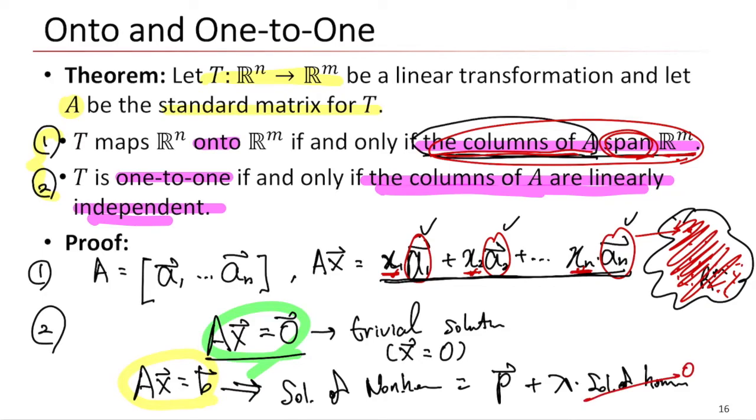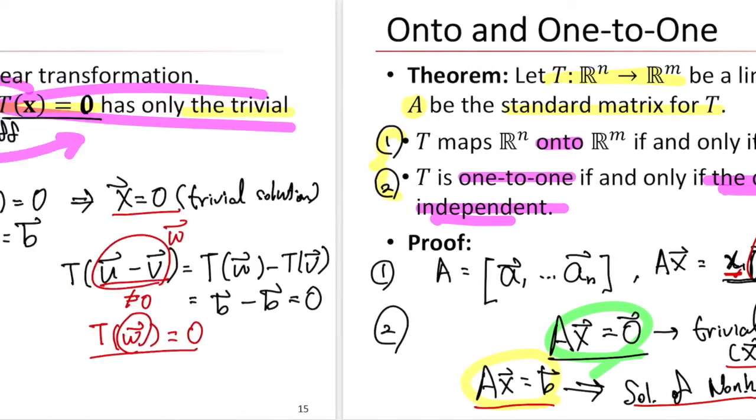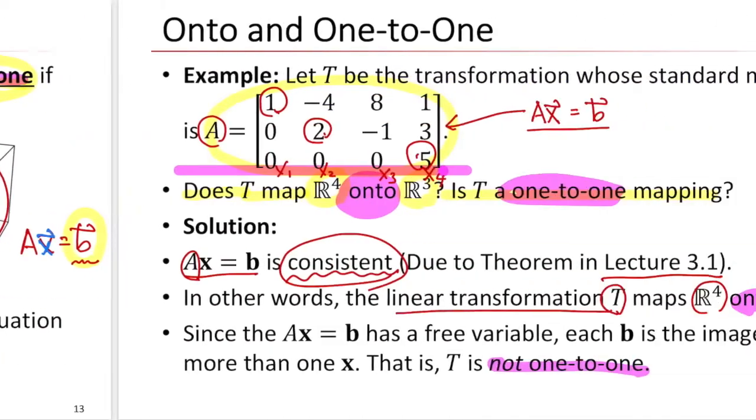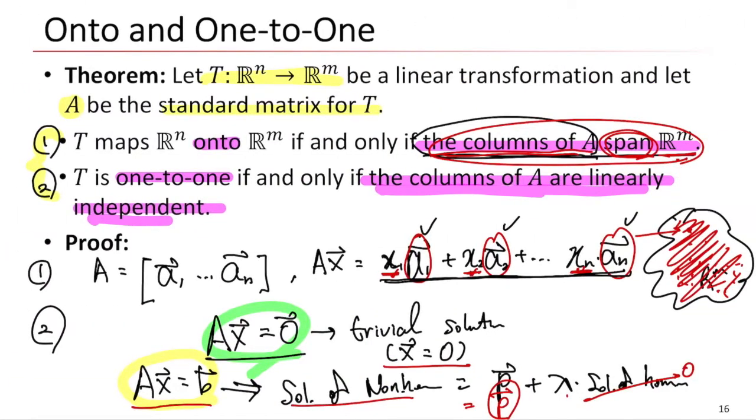So in this case, this is 0, so it means that the solution of the non-homogeneous system is just the arbitrary vector p, right? So it means that the solution of Ax equals b is a single solution, exactly one solution. So it means that there is a one-to-one mapping between domain and codomain. So in this case, we can say that transformation T is one-to-one.